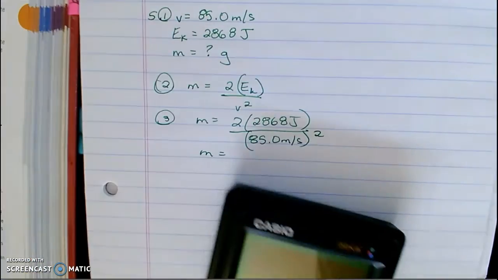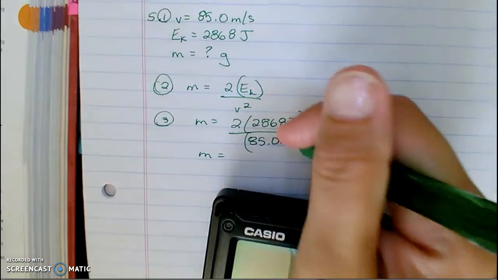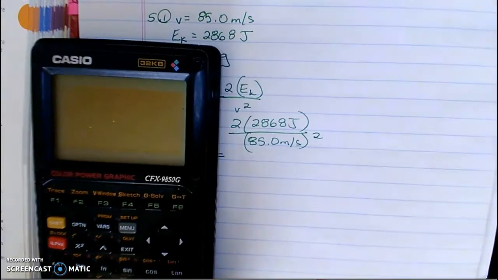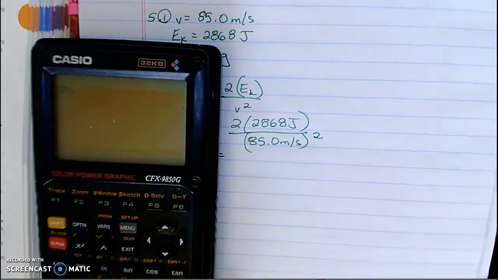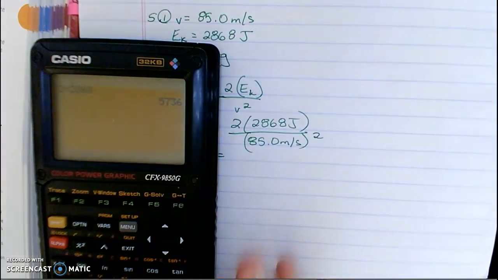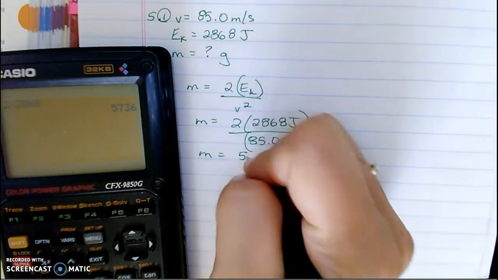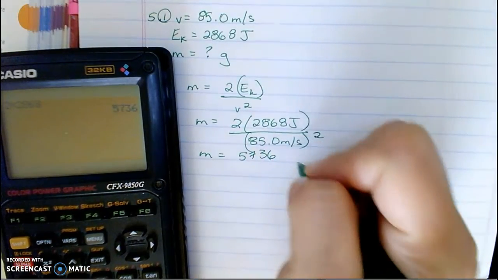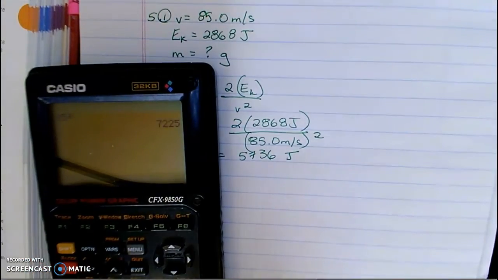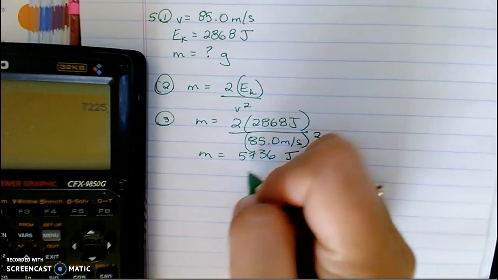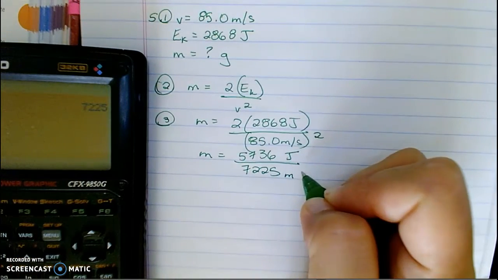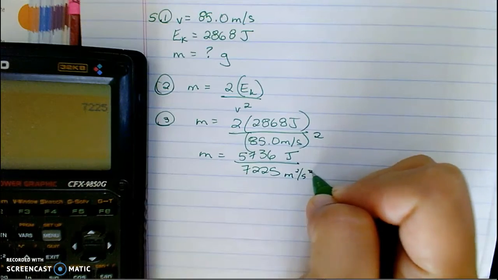Okay, so I'm going to start with multiplying this and squaring that, and write that step out because it makes me feel more comfortable that I'm doing it properly. Okay, so 5736 joules. Okay, and 85 squared is that one. Here's square per second squared because it's squaring both of the things.